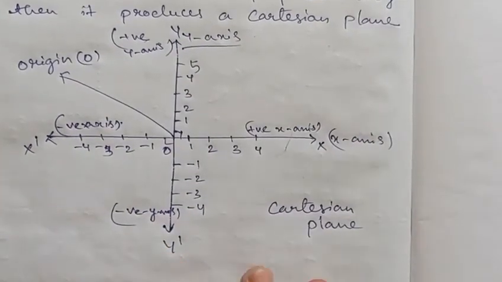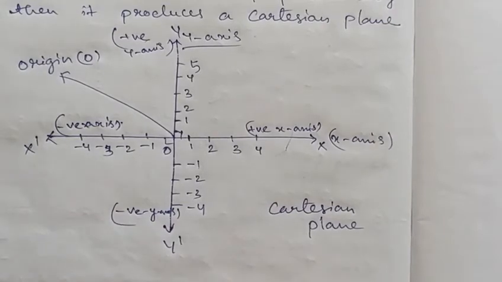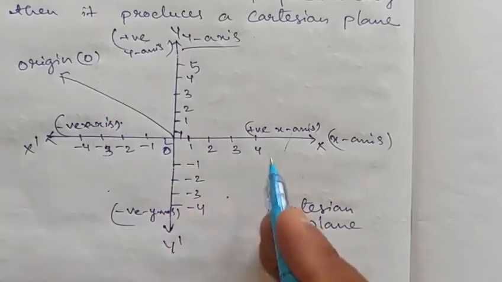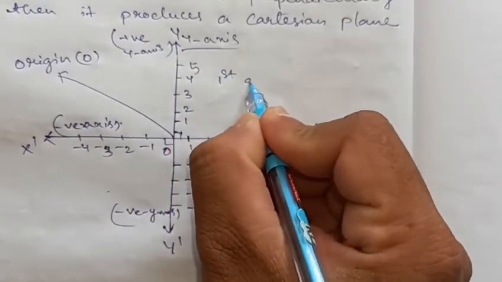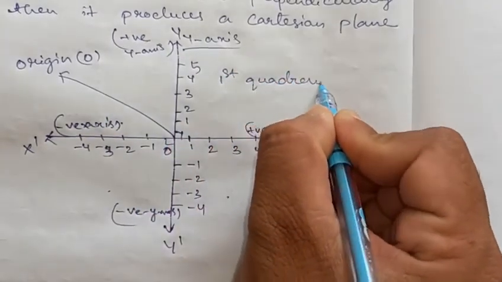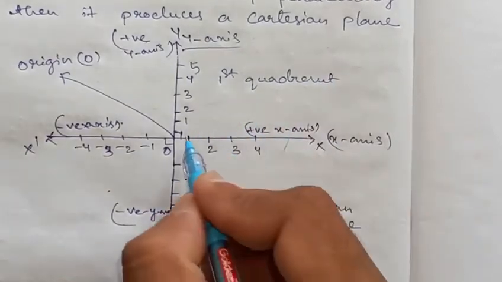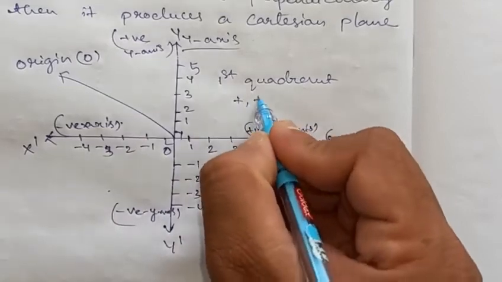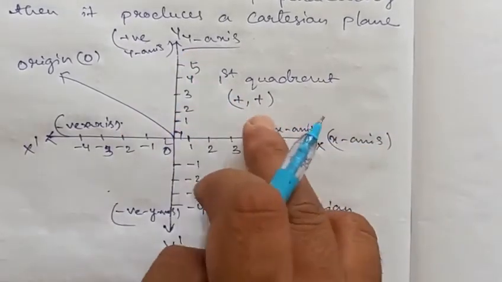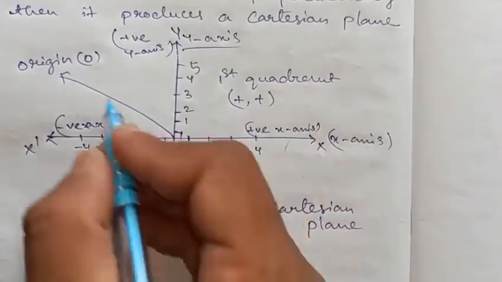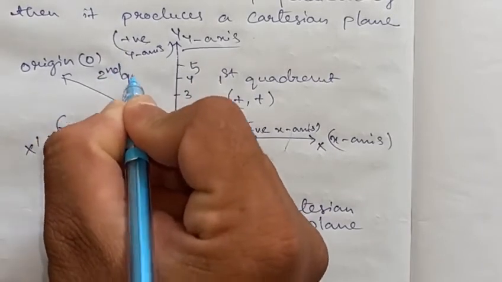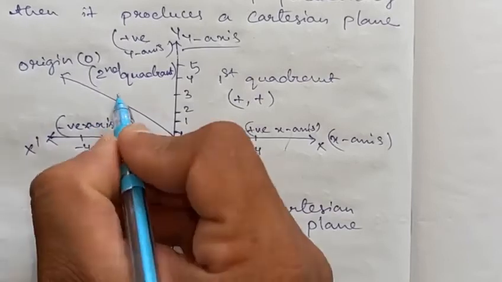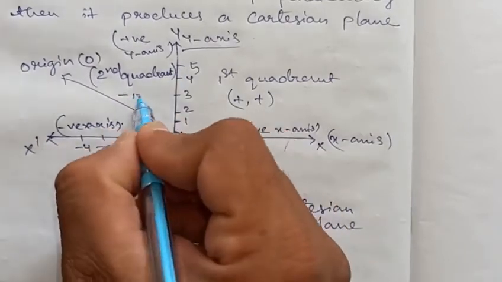This Cartesian plane gives us four quadrants. This is taken as first quadrant because both the coordinates are plus here. X coordinate is plus and y coordinate is also plus. This is the second quadrant because x is minus, y is plus here.